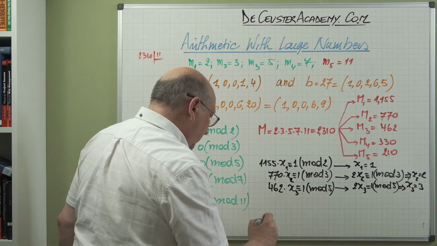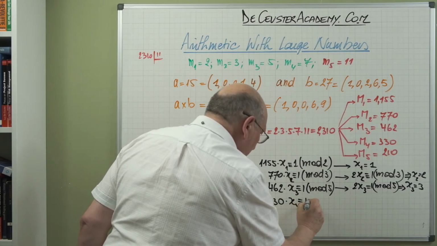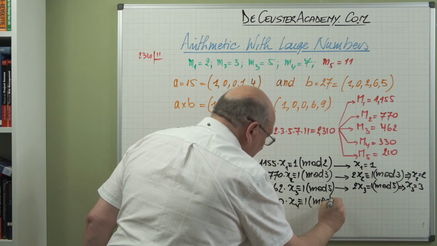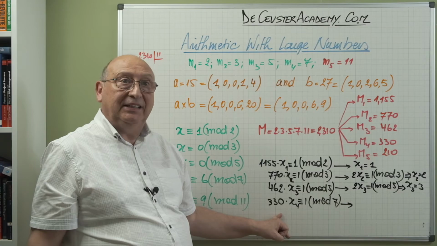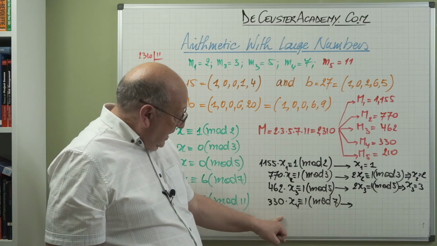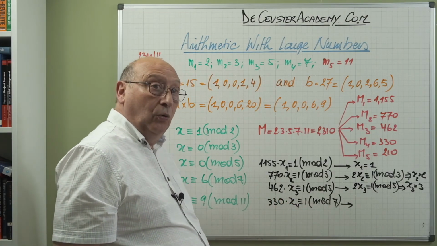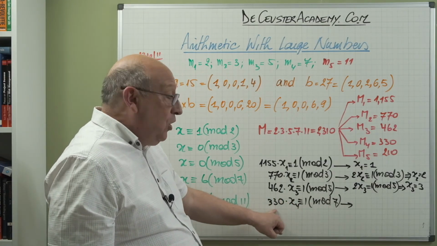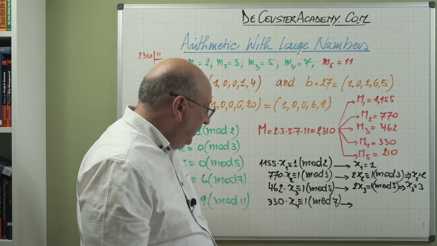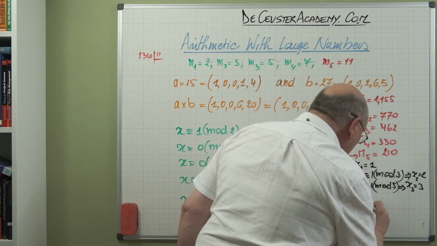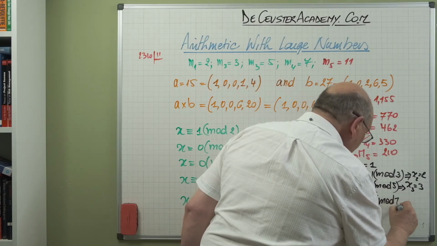Then we have 330 times x4 is congruent with 1 modulus 7. 330 divided by 7, we have 329, which is divisible by 7. So once we have this here, we find that this is in fact 1. So x4 is congruent with 1 modulus 7.